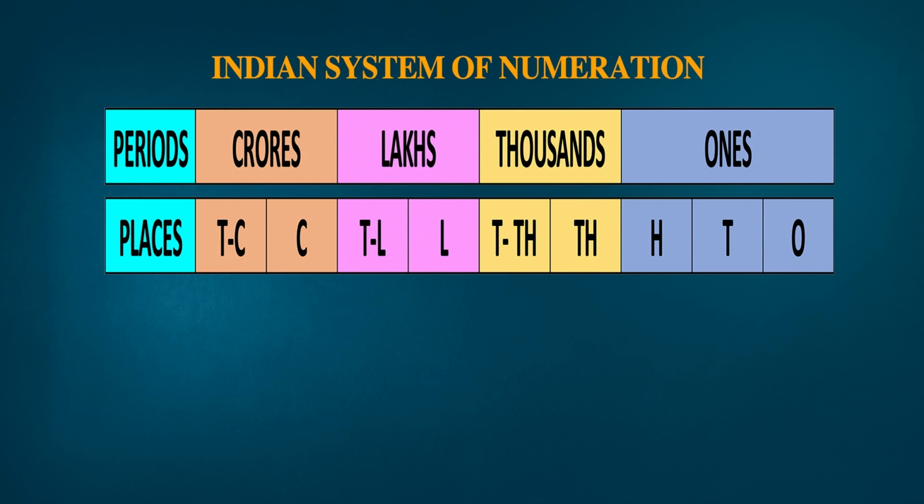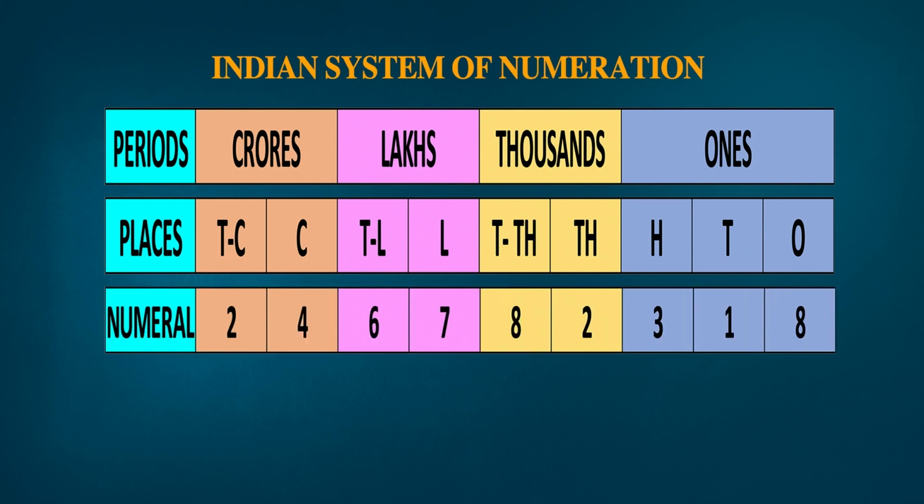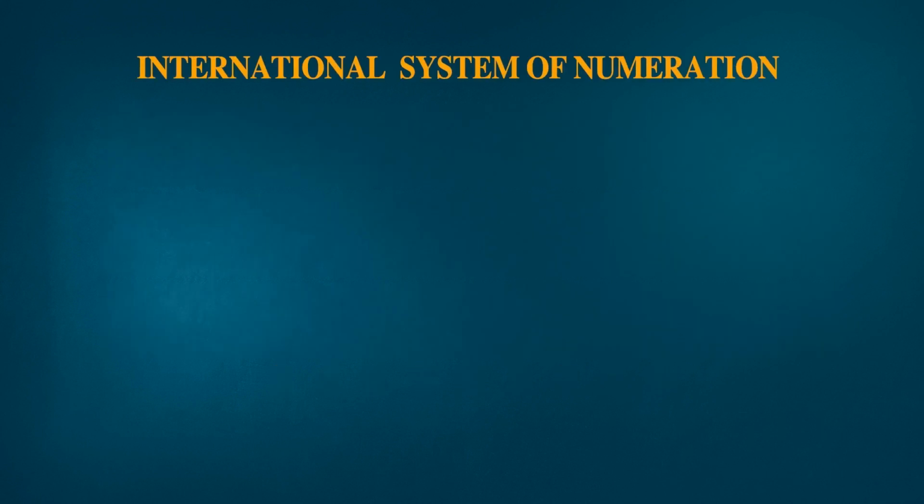Period lakhs has 2 places, lakhs and 10 lakhs, and period crore has 2 places, that is crore and 10 crore. So, we read 24678218 as 24 crore 67 lakh 82,318.